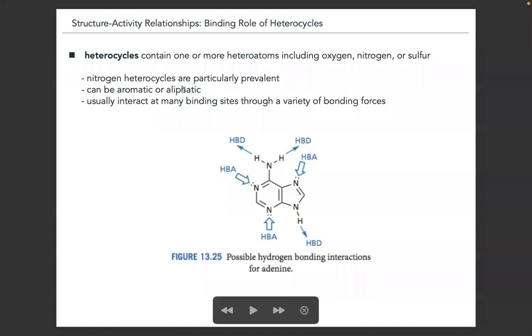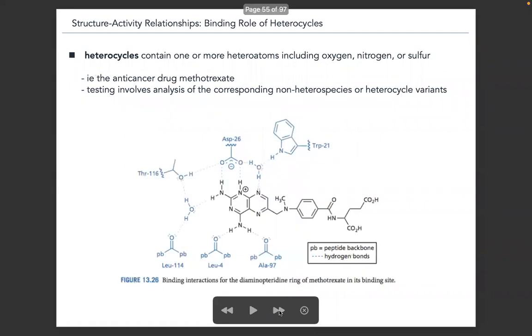Usually they interact at many binding sites through a variety of bonding forces. Just to give you an example, I think this is such an inspiring look. You can imagine these blue residues are the binding site for methotrexate, and look at all these interactions that happen with the molecule.